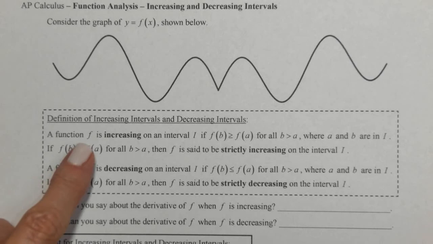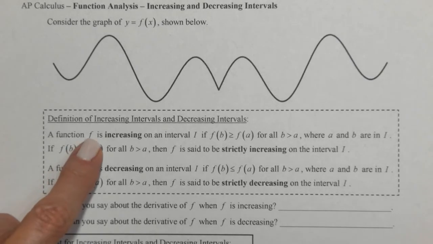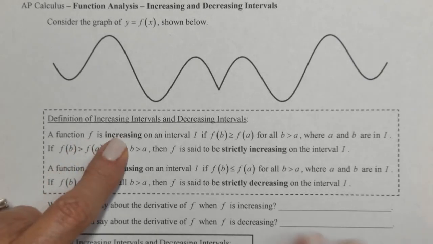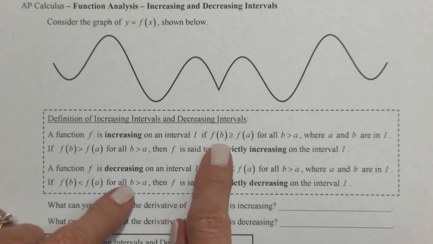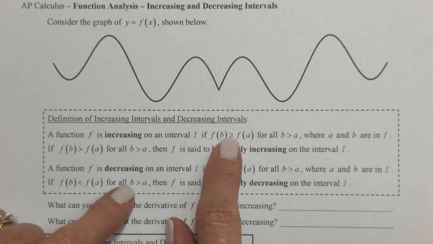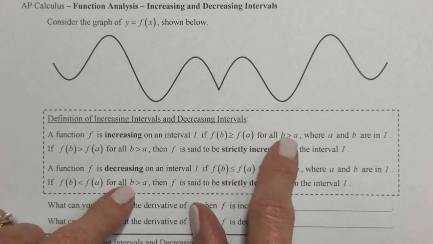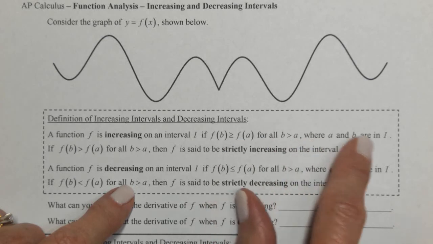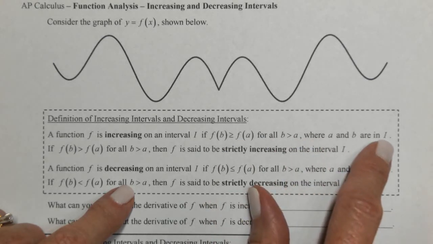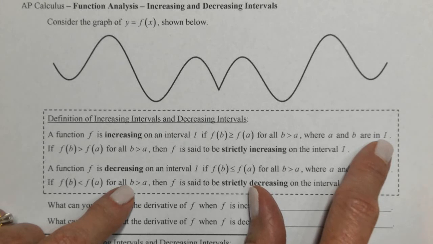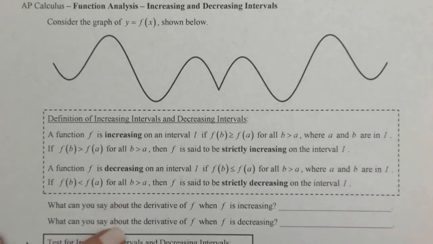First of all, for increasing, a function f is increasing on an interval I if f of b is greater than or equal to f of a for all b greater than a, where a and b are in the interval. That's kind of wordy, mathematically rigorous.